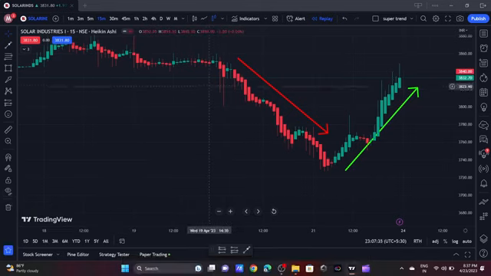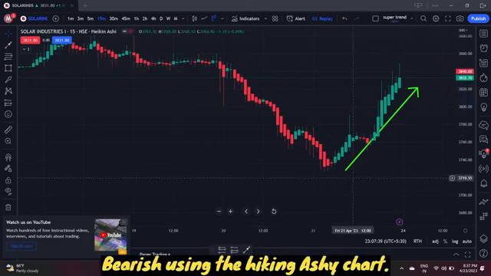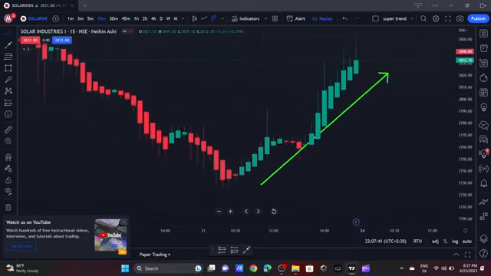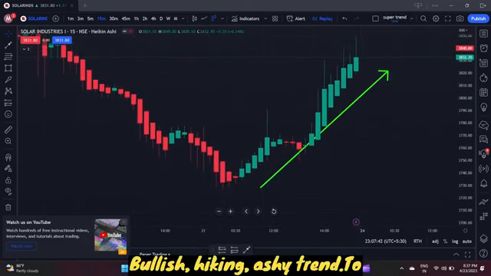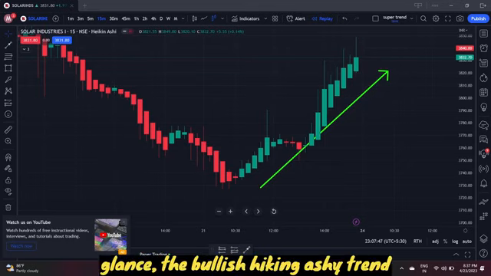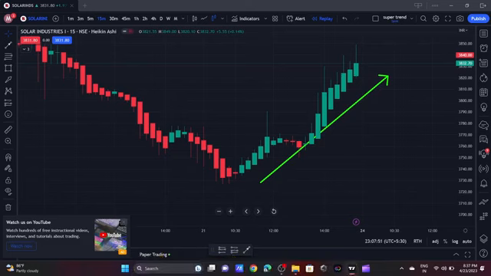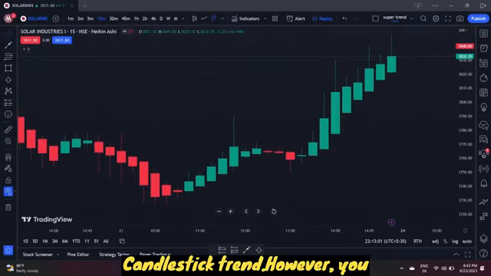Let's take a look at some examples of trends, both bullish and bearish, using the Heikin Ashi chart. Bullish Heikin Ashi trend. To identify an uptrend market, at first glance, the bullish Heikin Ashi trend looks like a normal Japanese candlestick trend.